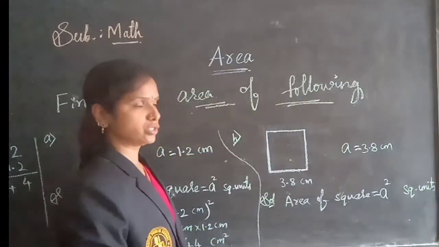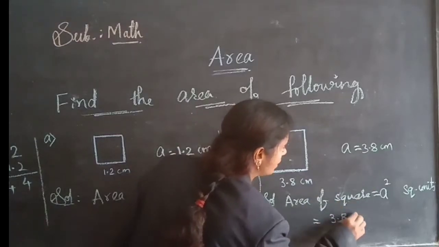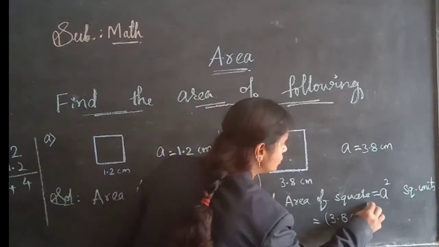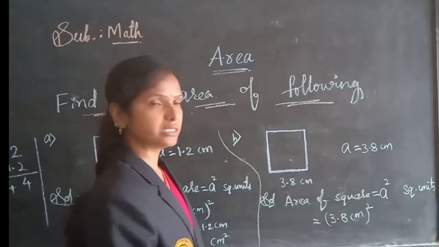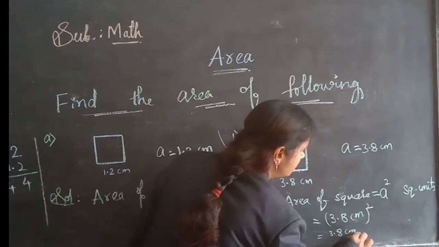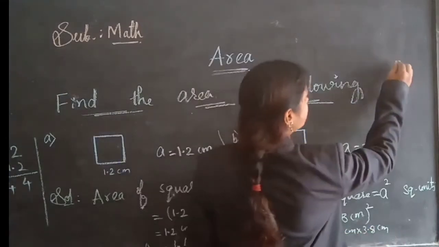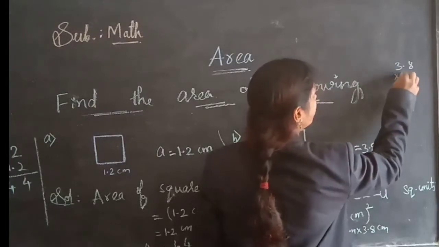A value is given 3.8, children. So 3.8 centimeters whole square. Nothing but 3.8 centimeters into 3.8 centimeters. So here let's multiply 3.8 into 3.8.